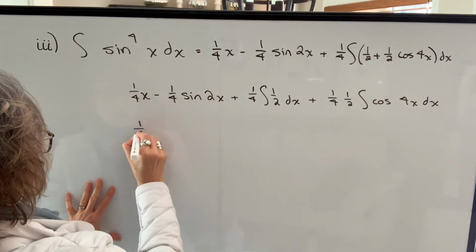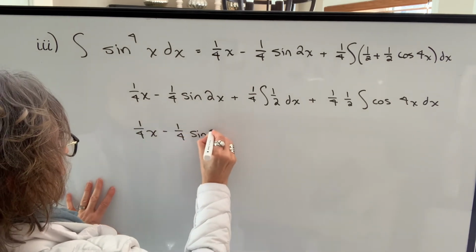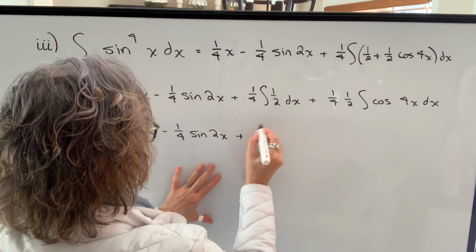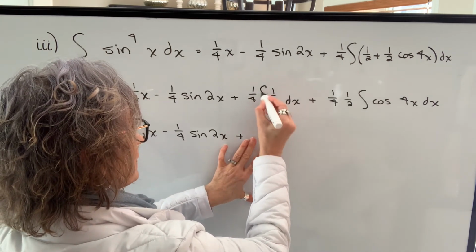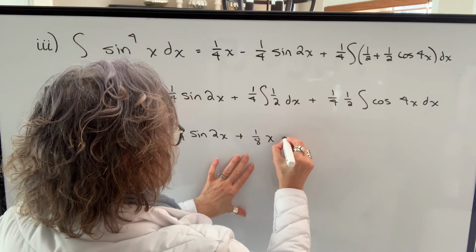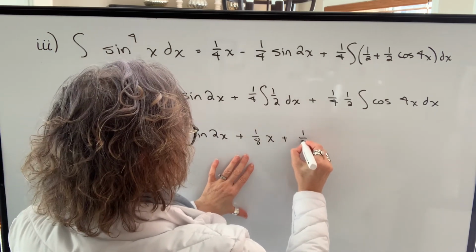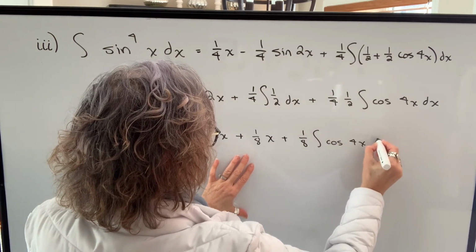So that's going to be 1/4 x minus 1/4 sine of 2x plus 1/4 times the integral of 1/2 dx will be 1/2 x. So 1/4 times 1/2 will be 1/8 x plus 1/8 times the integral of cos of 4x dx.